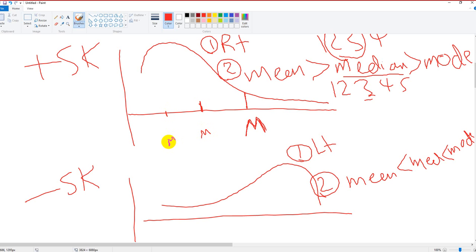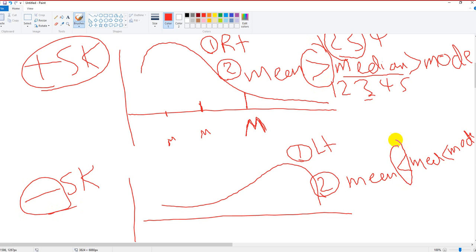It's so obvious, you can memorize it. Positive, it's larger. Negative, it gets smaller.